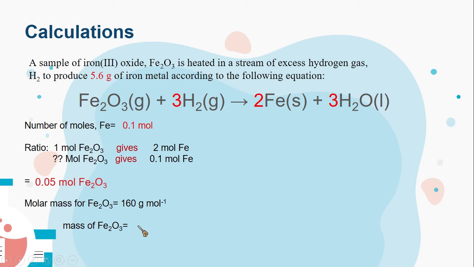Mol darab molar. Mol darab molar. So how many do you get? 8. Yeah, the answer is 8 gram. Zero point one, 0.05 times 160.